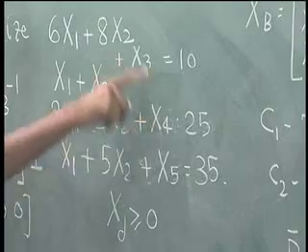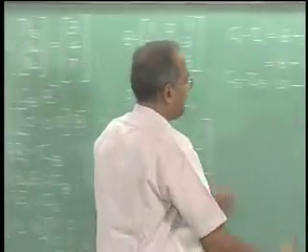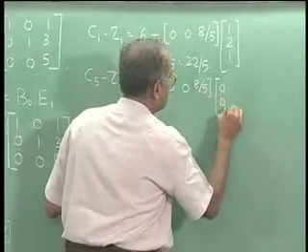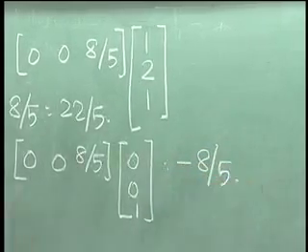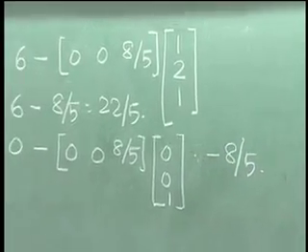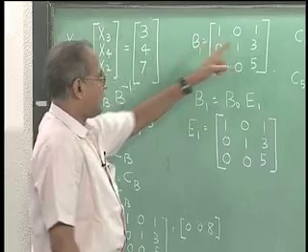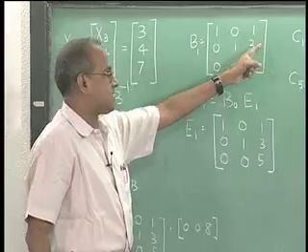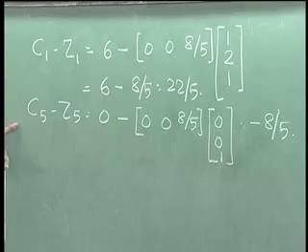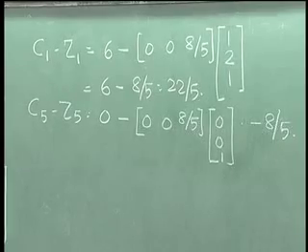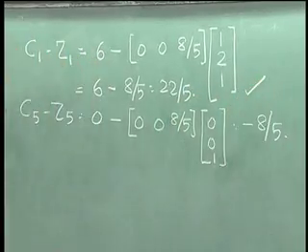It does not appear in these two constraints. So, we have 0, 0, 8 by 5 into 0, 0, 1, which is minus 8 by 5. So, Cj minus Zj of the two non-basic variables: x1 gives us a positive value. For variable x5 it is a negative value. There is only one positive Cj minus Zj, therefore, variable x1 will enter.